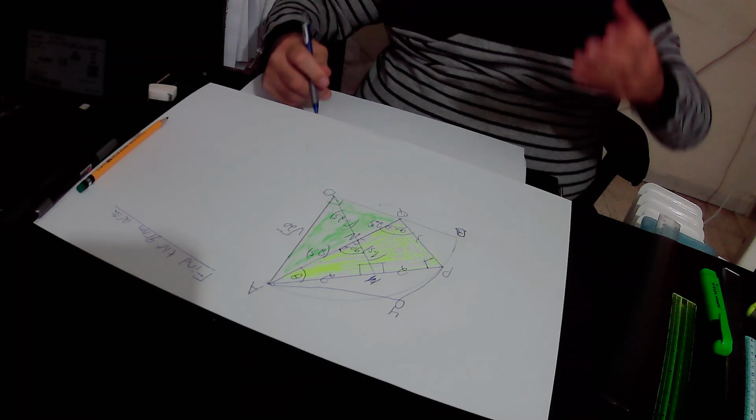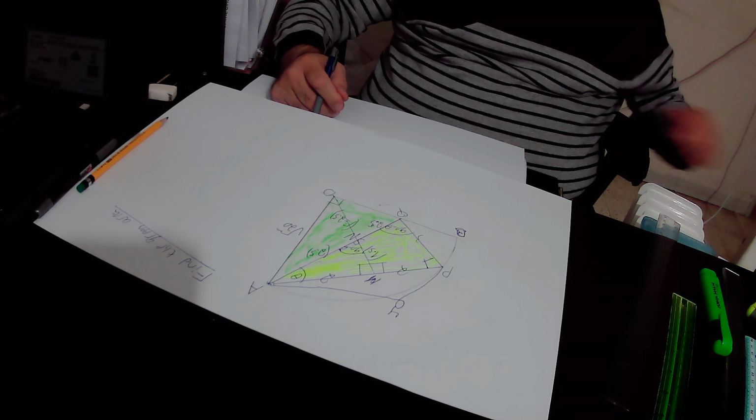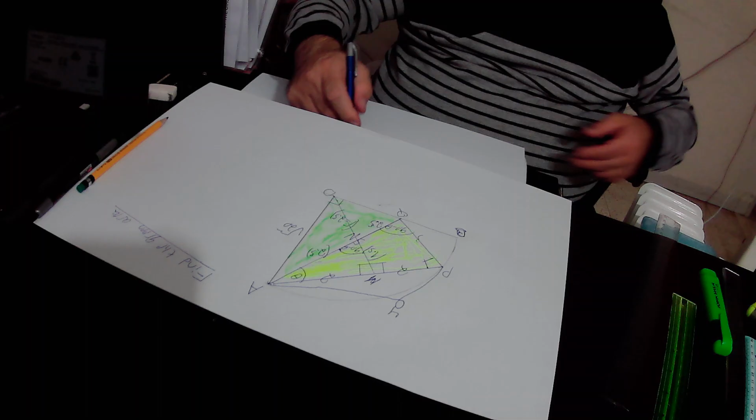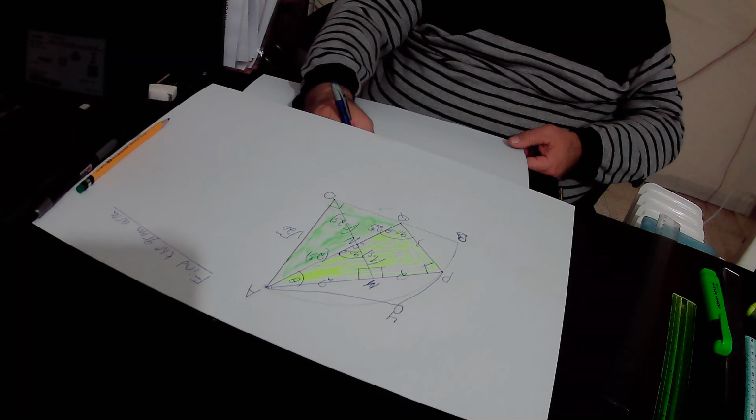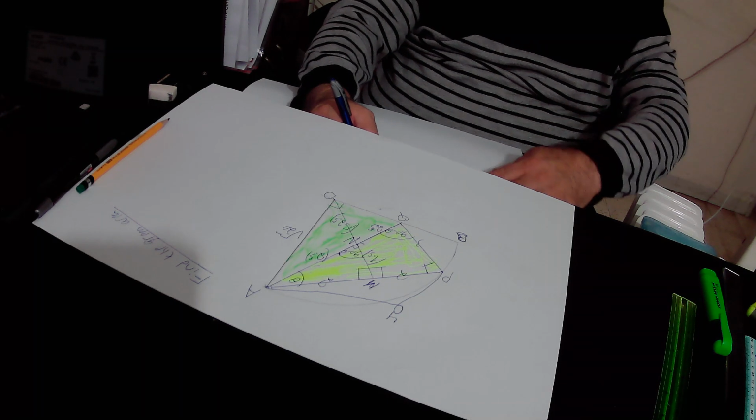In the next step, we will focus on the green right triangle AQO. So I copy the green right triangle AQO to a new page, and we apply the Pythagoras theorem on this green triangle AQO.